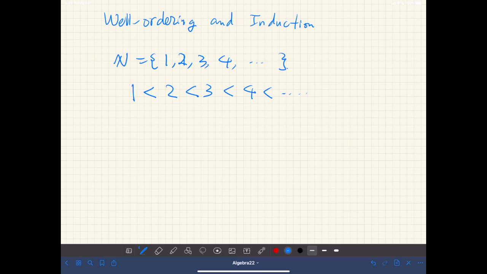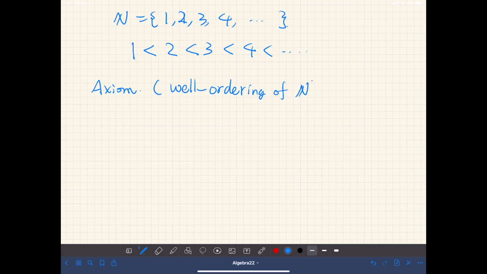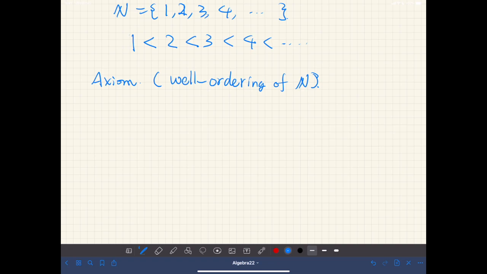Now, let's introduce one axiom here. It's called the principle of well-ordering of the set of natural numbers. Suppose S is a non-empty subset of natural numbers. S is not empty.